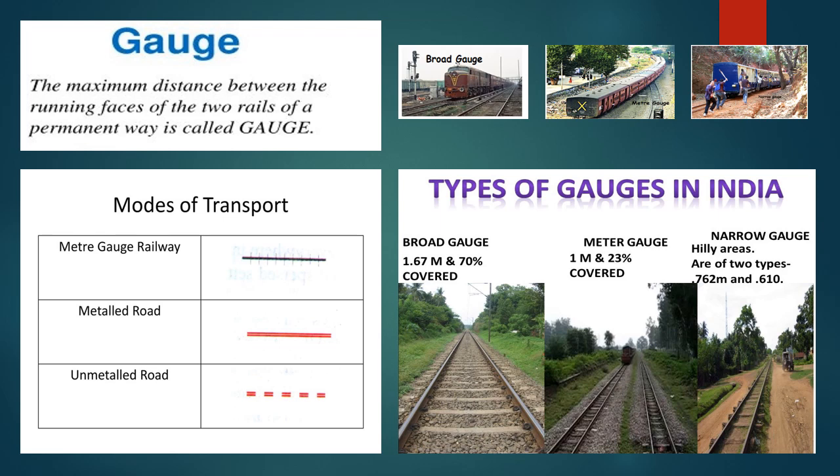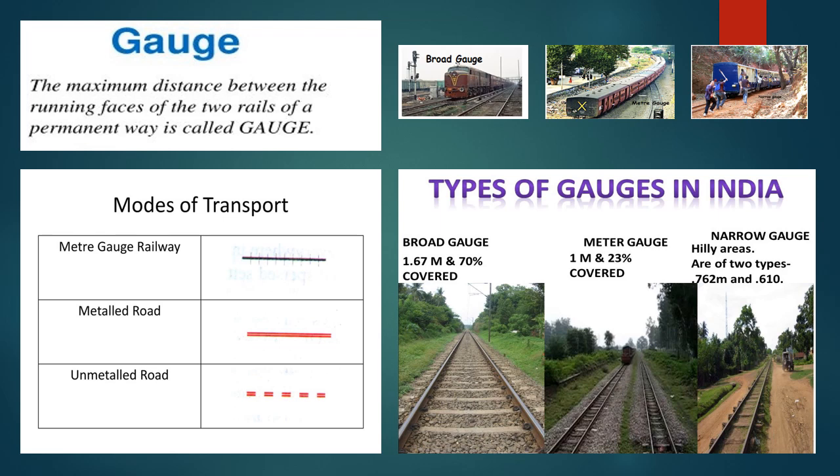As I told you, it is used in hilly areas, especially when we visit the hill stations. So by the tourism department, that is used only for tourists. So to travel through the hilly areas and enjoy the ambience of nature, this narrow gauge is generally used in areas like Dehradun, Matheran.